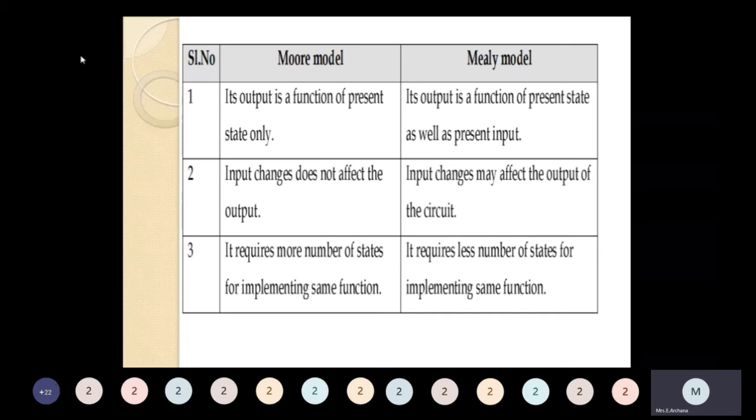Input changes may affect the output of the circuit in the Mealy model. The Moore model requires more states for implementing the same function, but the Mealy model requires fewer states for implementing the function.